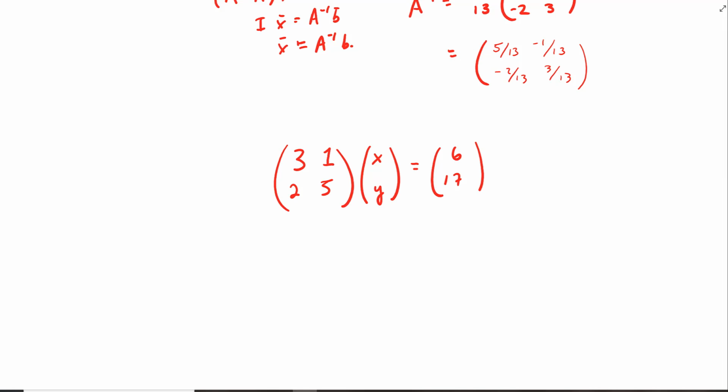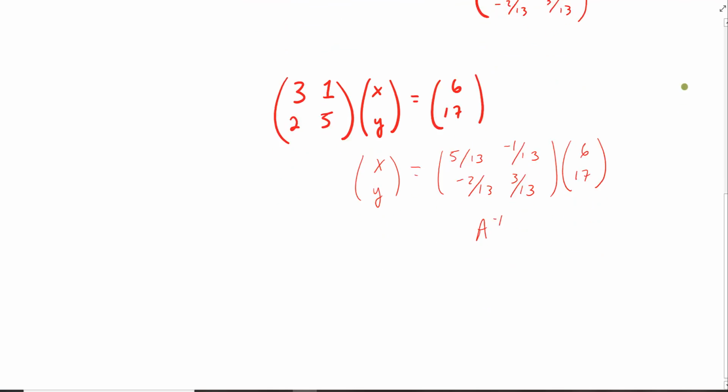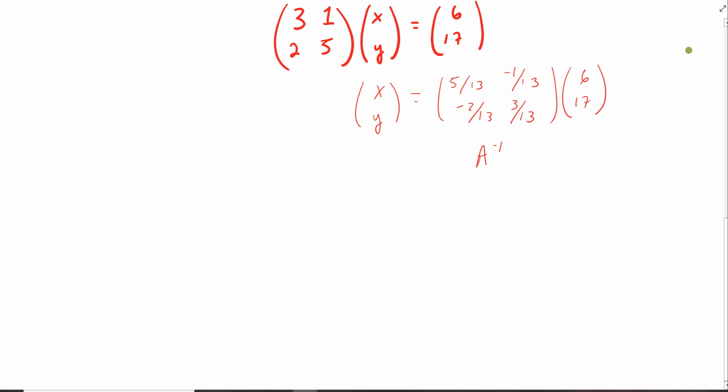We're going to multiply both sides by A inverse to give us that xy is equal to 5 thirteenths, minus 1 thirteenth, minus 2 thirteenths, 3 thirteenths. This was matrix A inverse, and we're still going to multiply this to B here, which is the matrix 6, 17, or if you like, the column vector 6, 17.